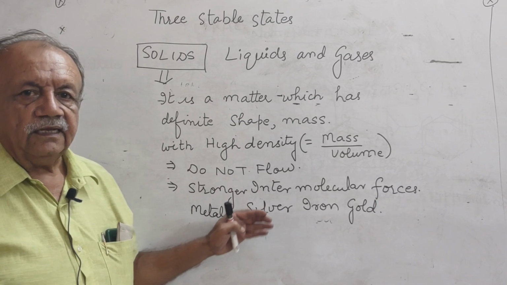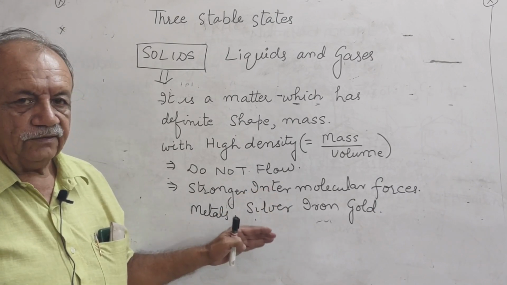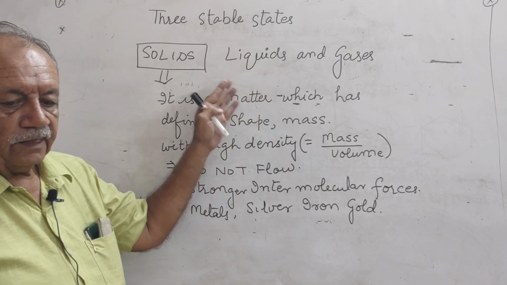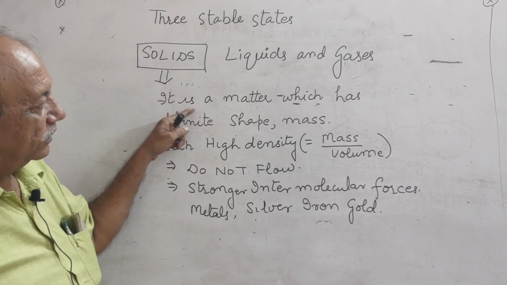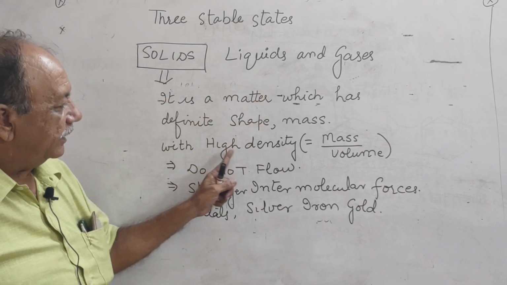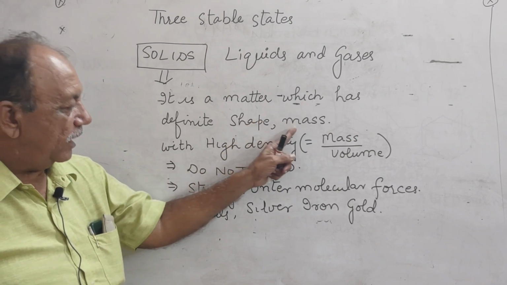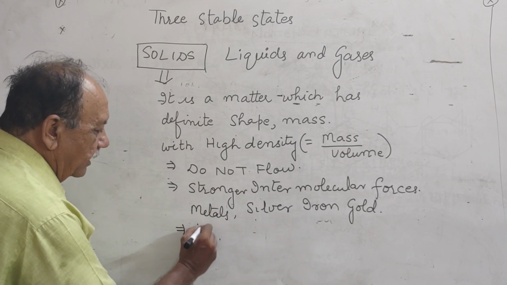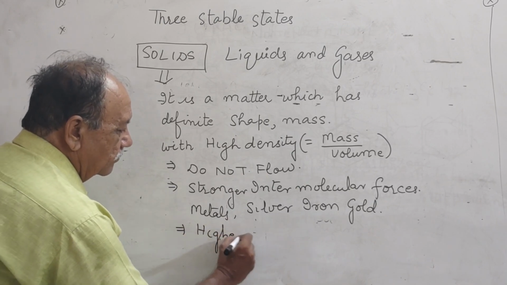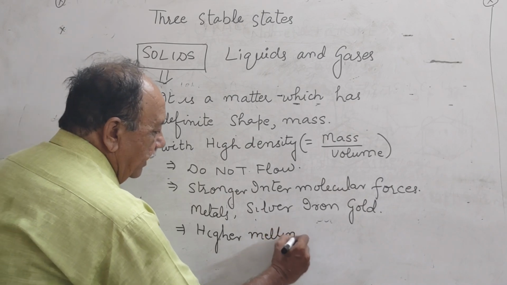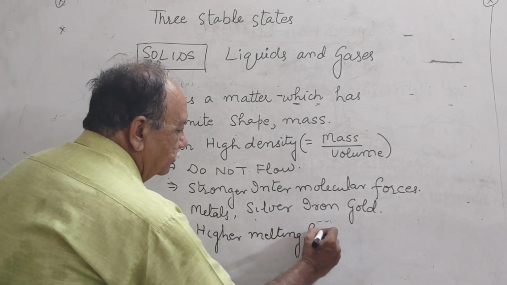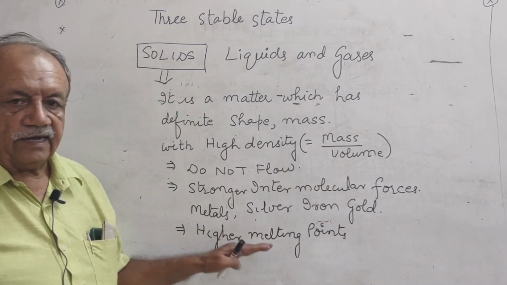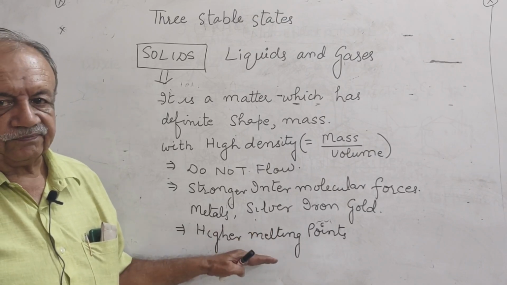Some metals are liquids also, which will be discussed in liquids. Now, solids generally have high density, shape, mass, and one thing more, solids have higher melting points.